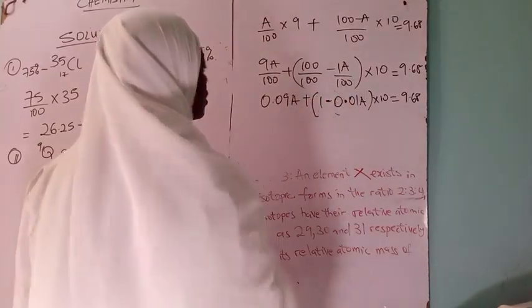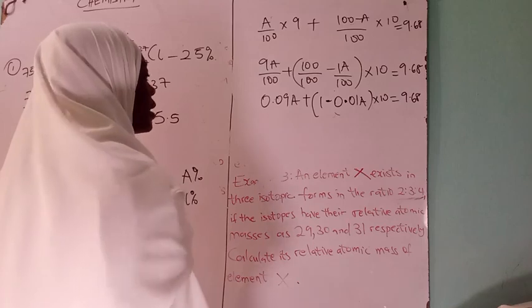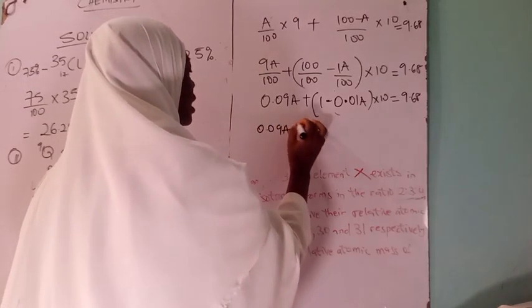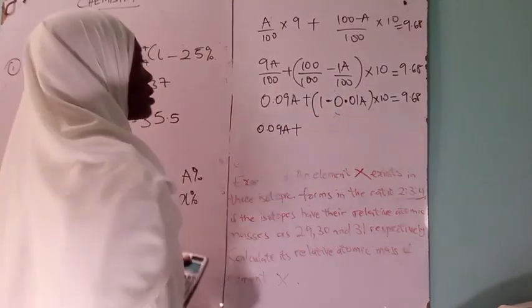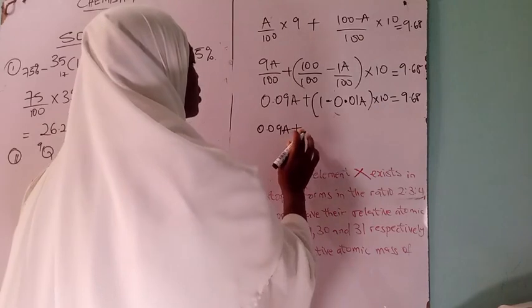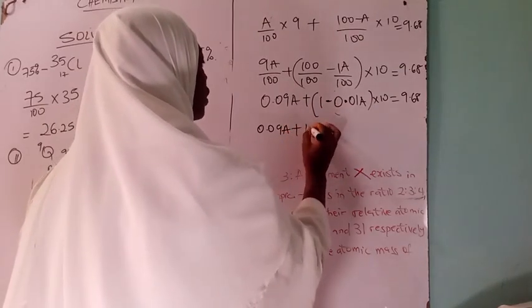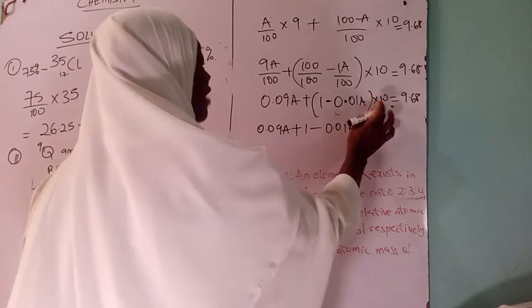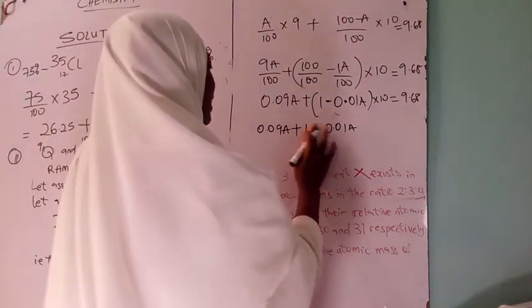That gives us 0.09A plus, let's open the brackets, 1 minus 0.01A. Let's multiply by 10.